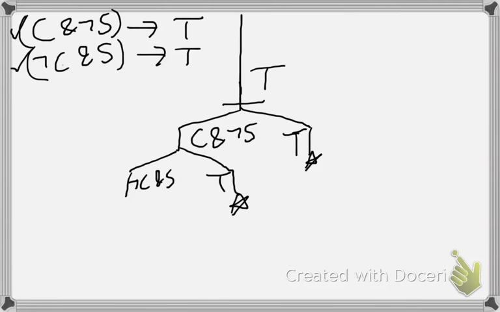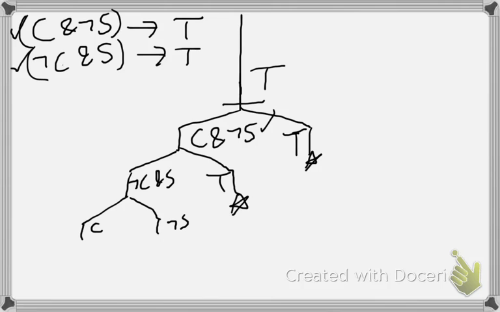Okay. Then I'm going to take apart this premise up here, this formula up here. So it gives us not S here and C here. And nothing closes off on either of these branches, so we need to keep going.